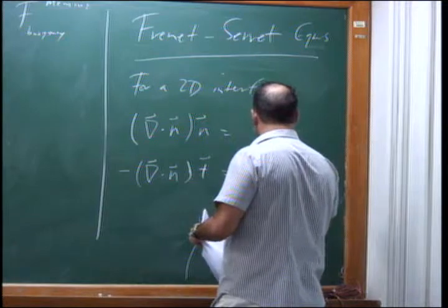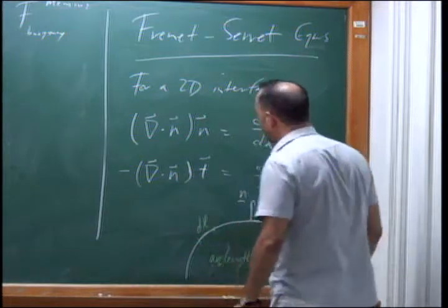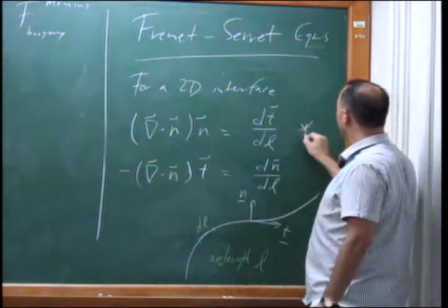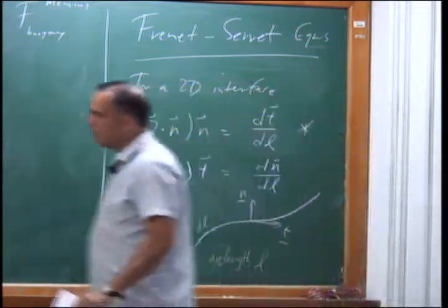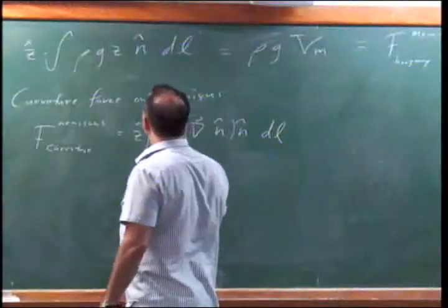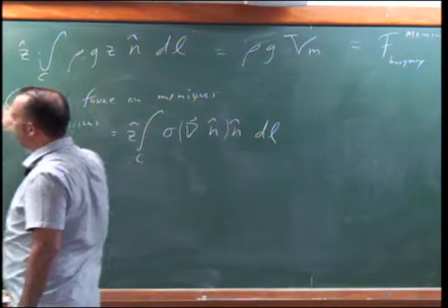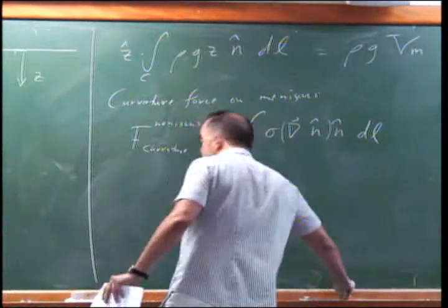So this is the rate of change of the normal with arc length. But we're going to use the first one immediately here. We can simply substitute this in. We're integrating now along this contour. Sorry, I should have done this. So this is now a contour C.